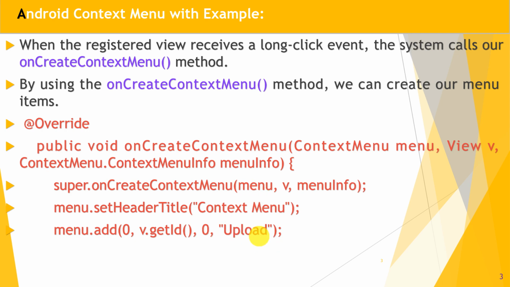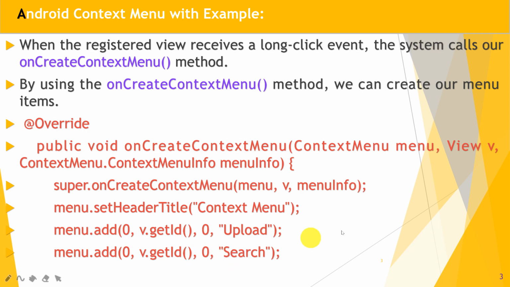Using this add method, a number of overloads are available, so we have to choose the overload having 4 different arguments. Hope you understand this. Like that, we can add a number of menu items at the 0th row and 0th index. Hope you understand.